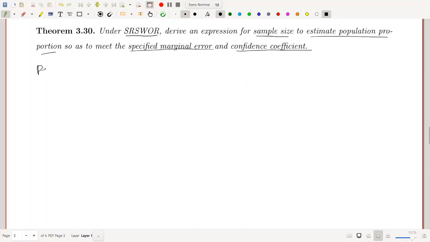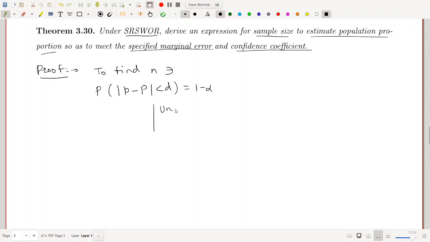So, proof of this theorem. To find n such that probability of mod of small p minus capital P is less than d, this means specified marginal error, and for specified confidence coefficient.